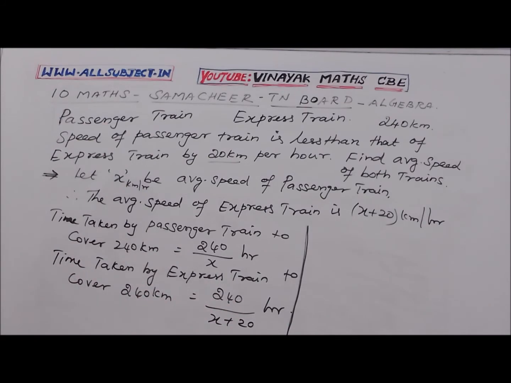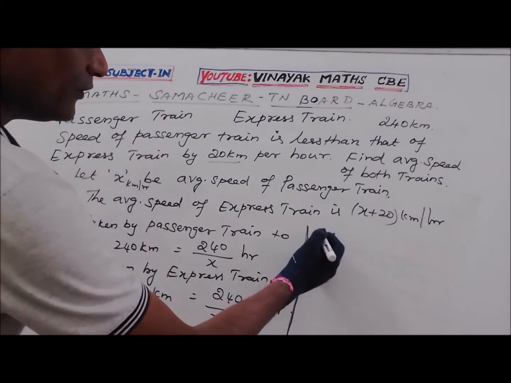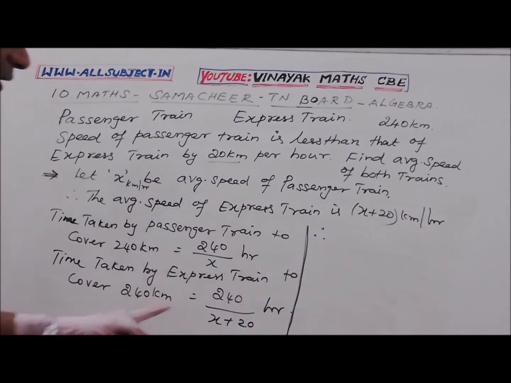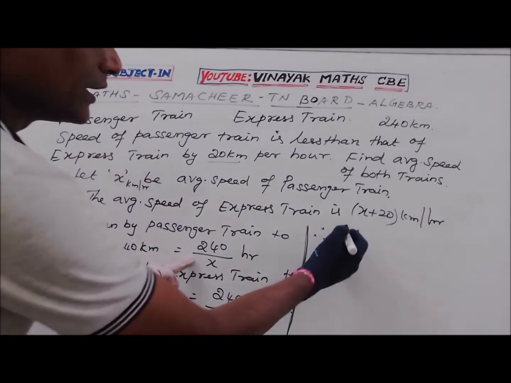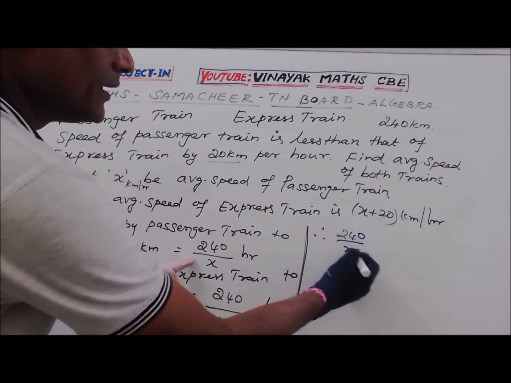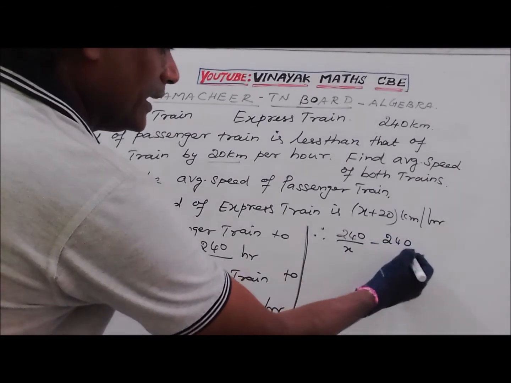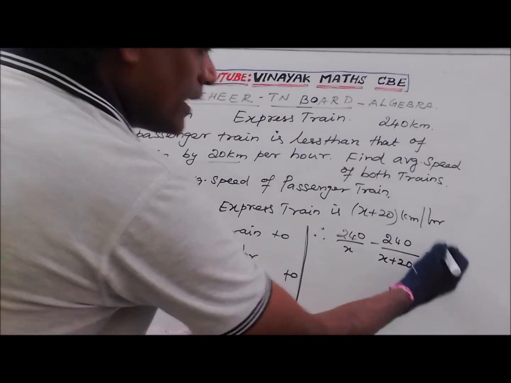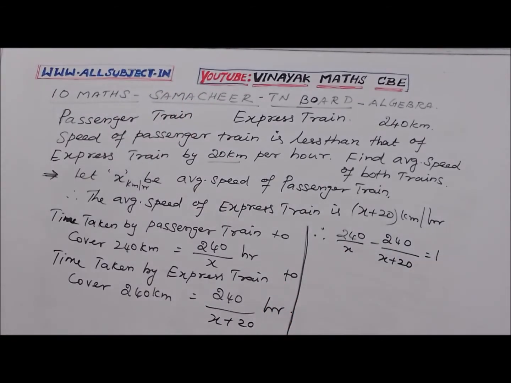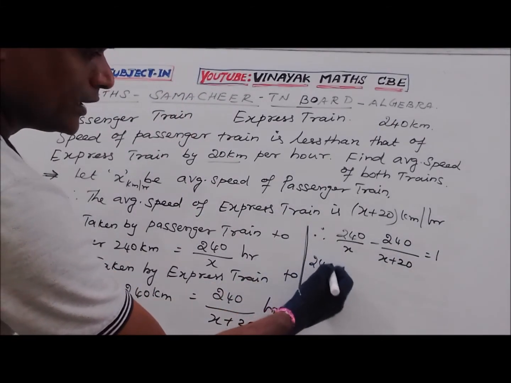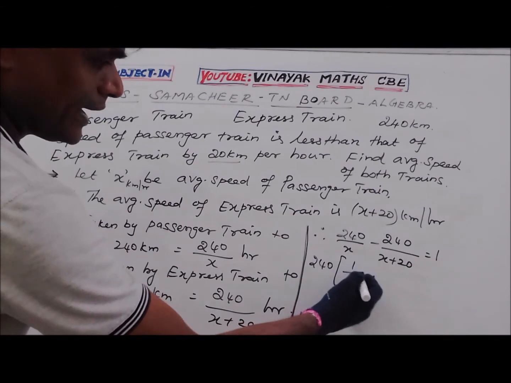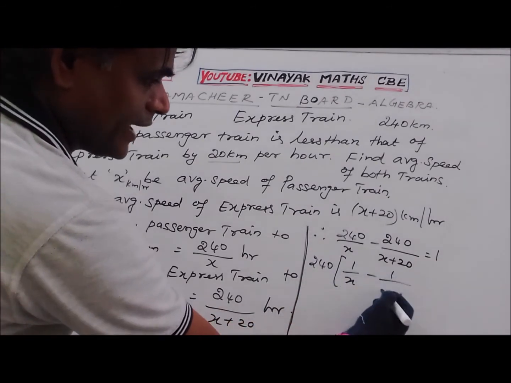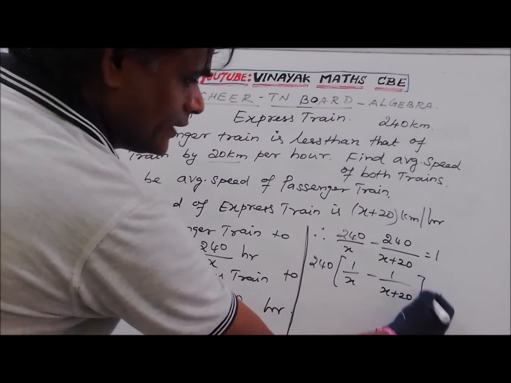The difference between the times is 1 hour. Therefore, 240 divided by x minus 240 divided by x plus 20 equals 1. Taking 240 as common, 240 into 1 by x minus 1 by x plus 20 equals 1.